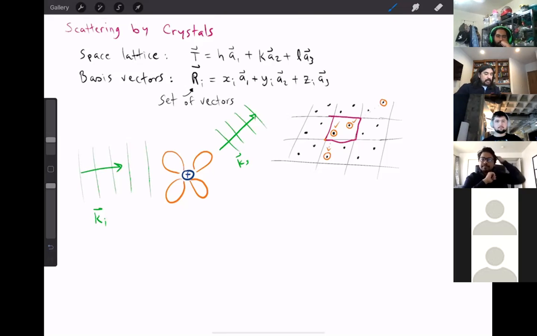What happens is that you could have any waves that you want and scatter them off of this atom, right? But the wavelength of X-rays is at the right scale for the lattice spacing of crystals.